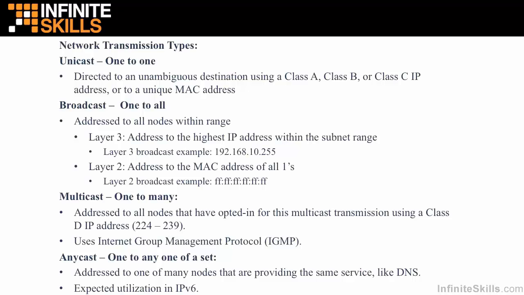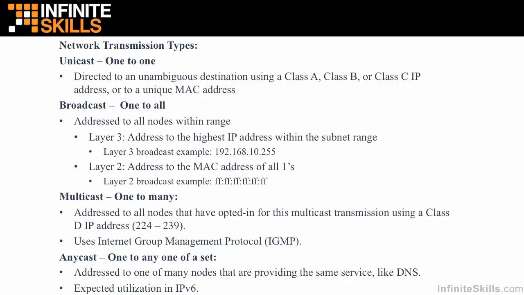Now you can have a layer 3 broadcast that uses an IP address with the broadcast address for the subnet that you're sending the broadcast to. So that would say all people with an IP address that starts with 192.168.10, I'm transmitting this to each and every one of you.